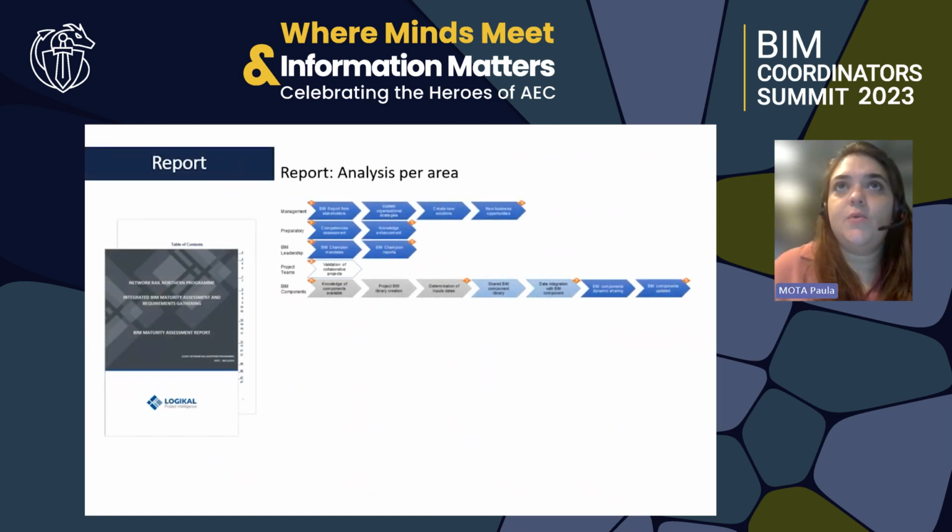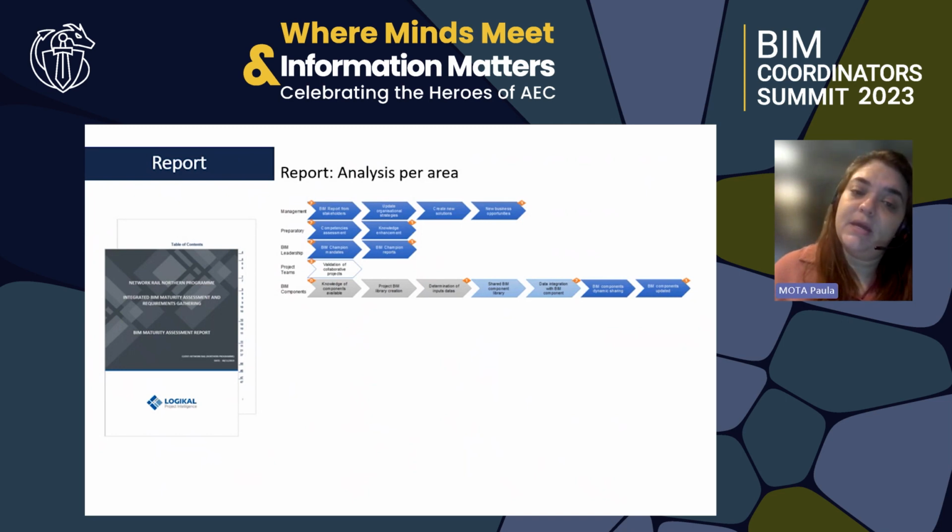We also create a report to compile everything that we develop in those 3 months. In the report, we did analysis per area. For example, this area here is people. We have the topics management, preparatory, BIM leadership, project teams, BIM components.